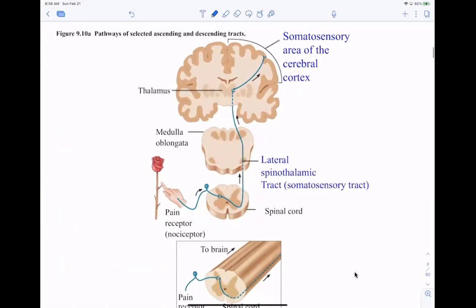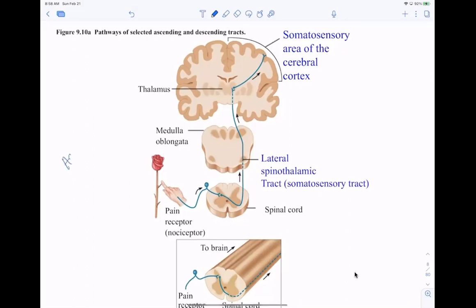Pathway for ascending and descending tracks. We will talk about this in the next lectures, but with sensory ascending tracks, there are really 3 neurons that make up that track.